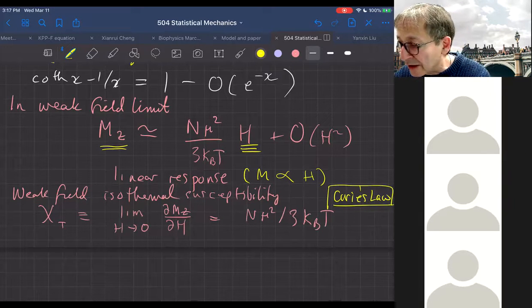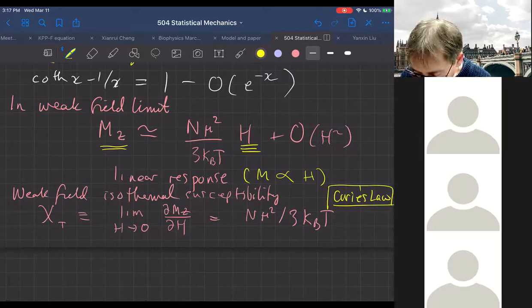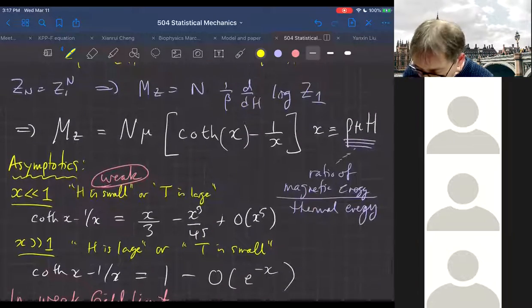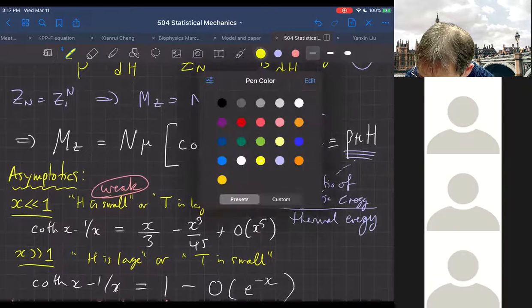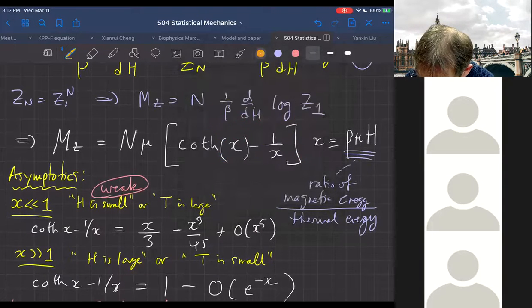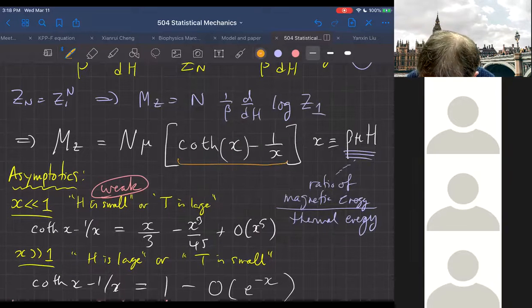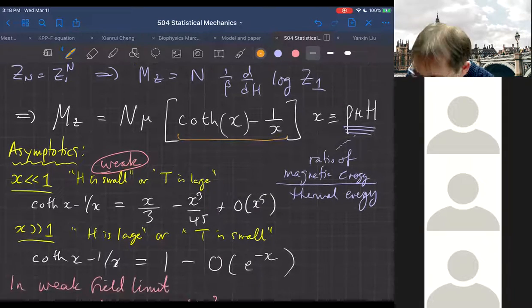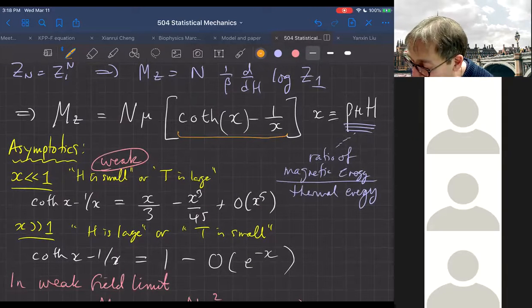Okay, so that's the magnetic system. Just a point of nomenclature here. This function here, we're going to come back to that. This function is known as the Langevin function.